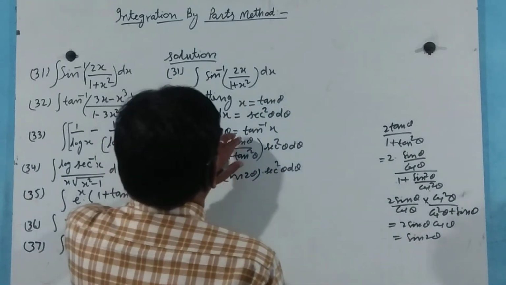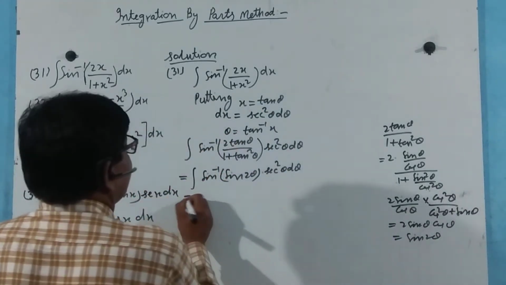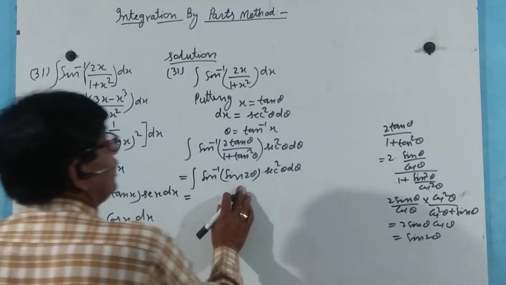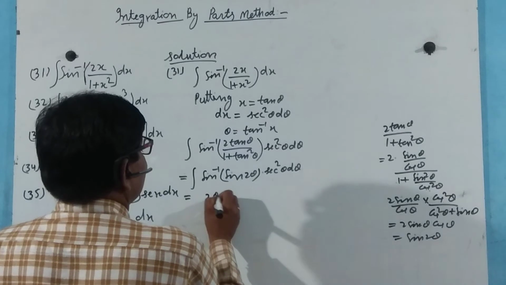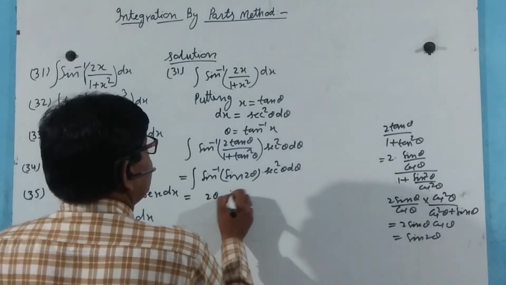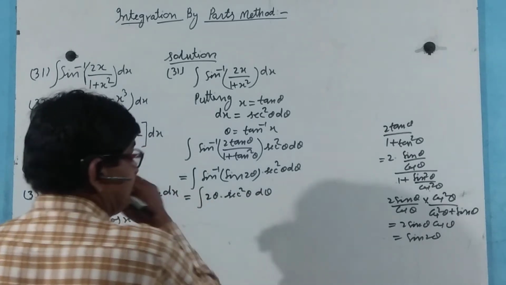So in place of this we write sin 2 theta. Now sin inverse sin theta equal to theta, so this is equal to 2 theta into sec square theta d theta, integration of this.